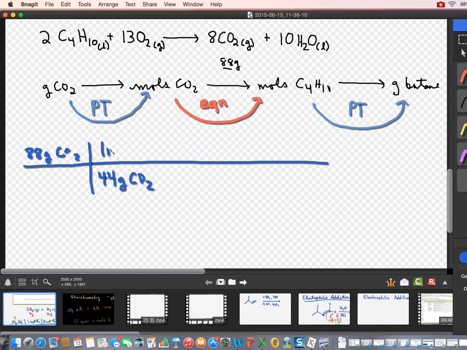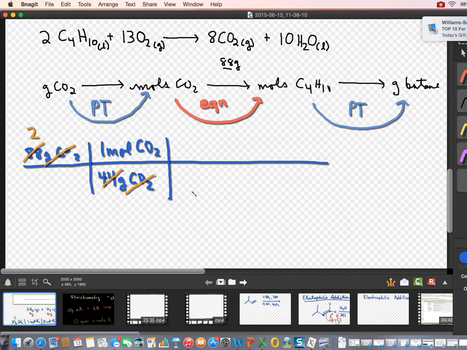So I can immediately reduce that. We have moles of CO2. I'm going to go ahead and reduce this 88 over 44 to 2 over 1. Grams of CO2 go away.